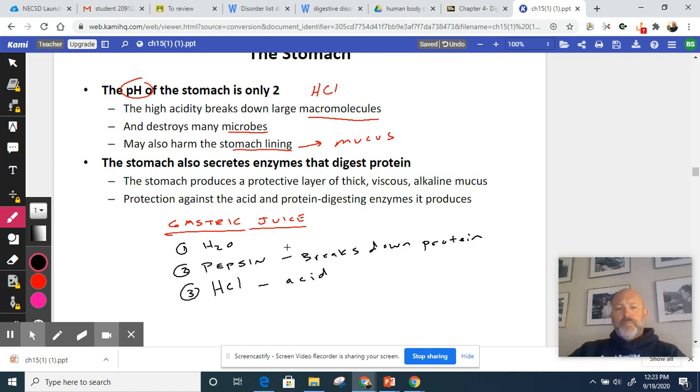And then, if we have a strong acid like hydrochloric acid, we have to protect the walls of the stomach. So there's also mucus. So these four things kind of make up gastric juice. This is the enzyme that's breaking down proteins, right? And this is an additive that we provide in order to activate this enzyme.